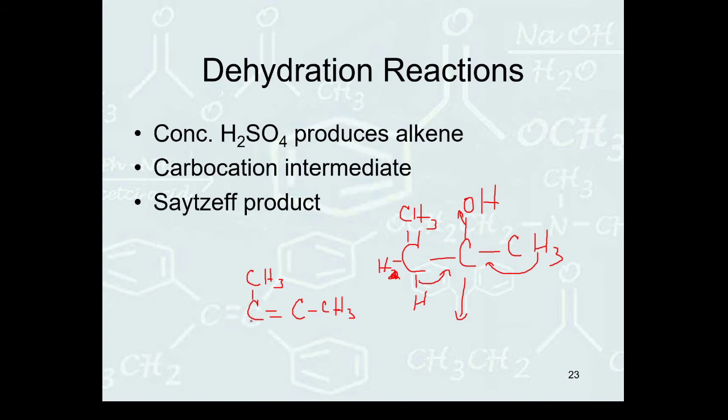Okay, so you'll end up with something like this, not something like this. Okay, so this wouldn't occur. And that's what it means by Zaitsev's product. Because Zaitsev's rule says when a double bond forms, it's going to form with the more alkyl substituted carbon. Okay.